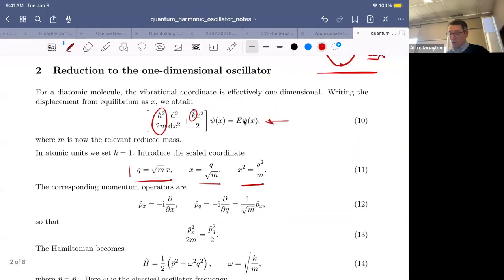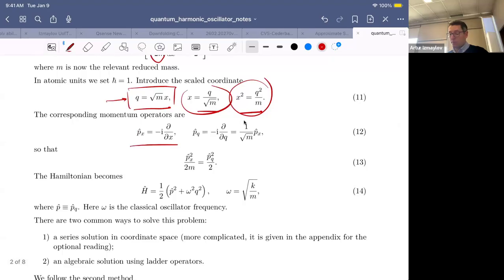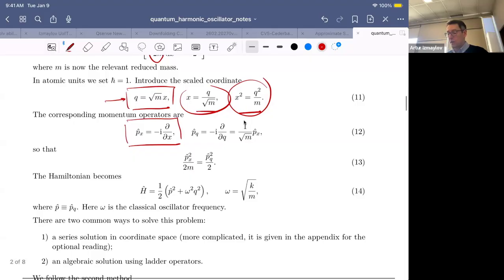All right, so if we change the coordinates like this, we introduce the coordinate q, which is the square root of mass times the coordinate x, right? So we have this, and the x squared is this. All these are relatively trivial transformations after you define this coordinate q dependence. Then the momentum is a little bit less trivial. We want to go from the momentum with respect to the x coordinate to the momentum with respect to the q coordinate.